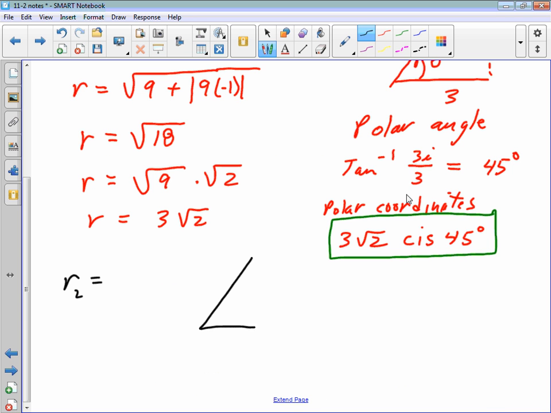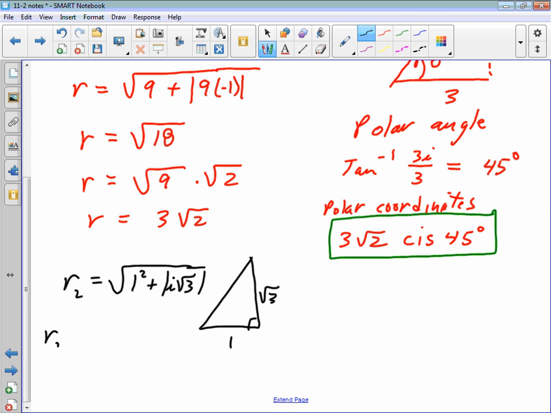So for this one, we've got 1 and the square root of 3. It's there. So r sub 2 equals the square root of 1 squared plus the absolute value of i square root of 3, all under the radical.